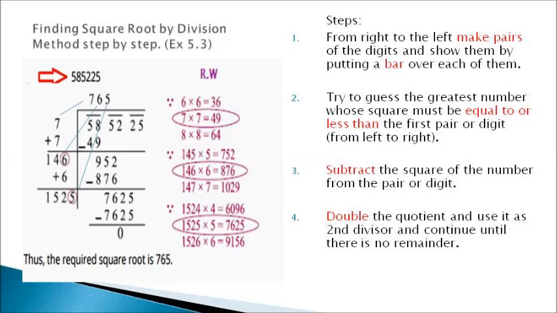In this case we have 14 already, and we will try from 5. 145 multiplied by 5 gives us 725, which is not quite close to 952. Similarly, through trial we learned that 146 multiplied by 6, which is 876, is the closest number. So we will use this number, and you can notice that the last digit of this divisor, that is 6, is also the same number that we are writing in the quotient place.